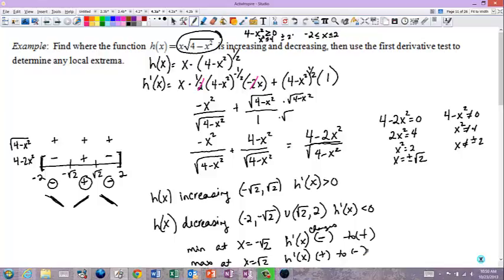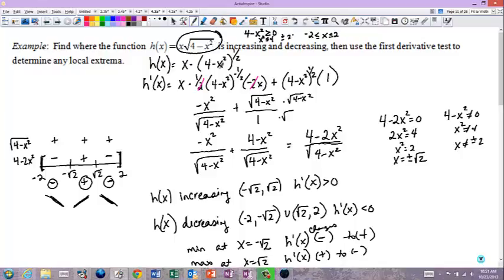Let's see. And I should really plug it back in to the original and get the y values. If we plug that back into the original, I plug in negative square root of 2 right here. Have I not already done this on my paper? No, I didn't. I really should.